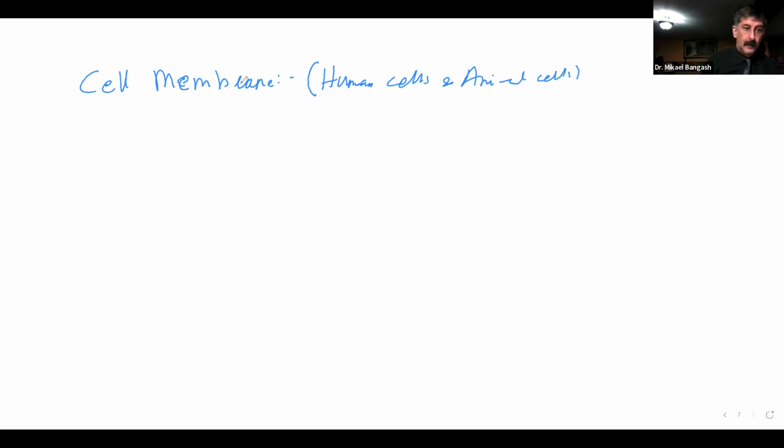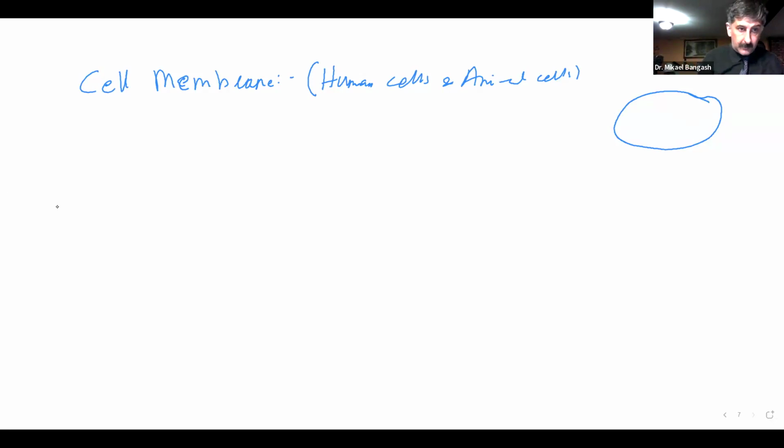Now comes the question. Because we're looking at a cell, it is going to be making the outer boundary of your cell, so that you may say whatever falls within this cell membrane, or this boundary line, is going to be considered a cell.